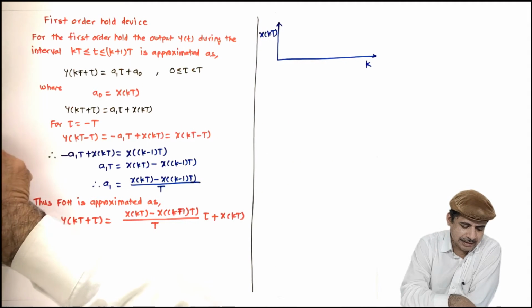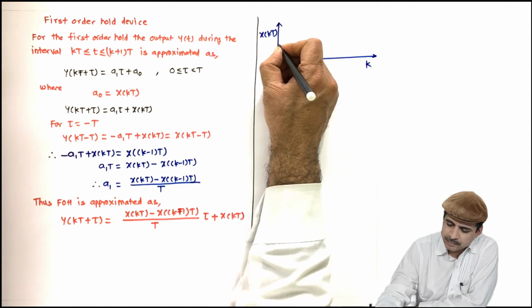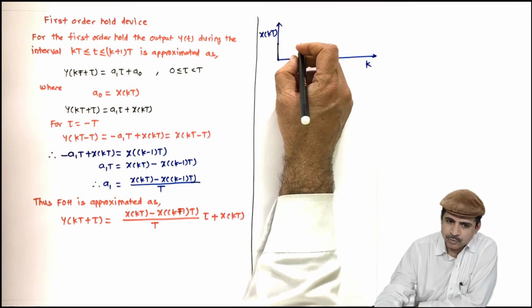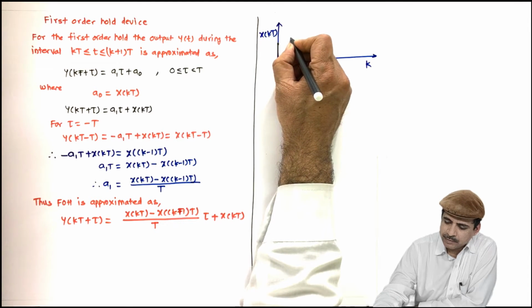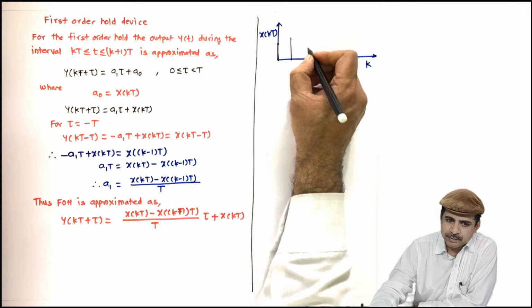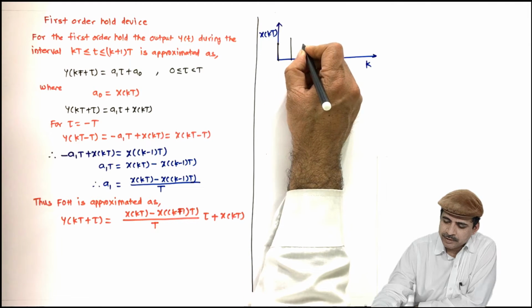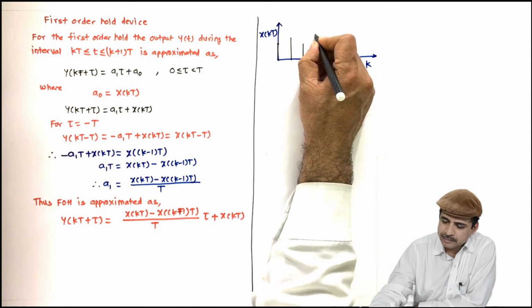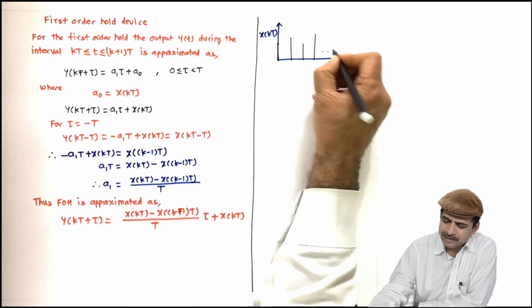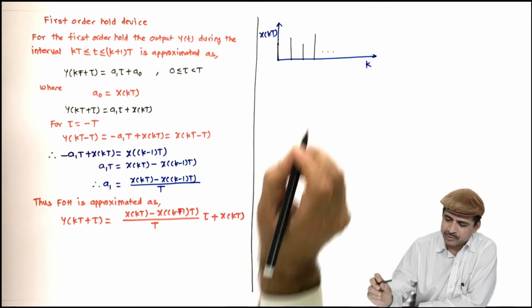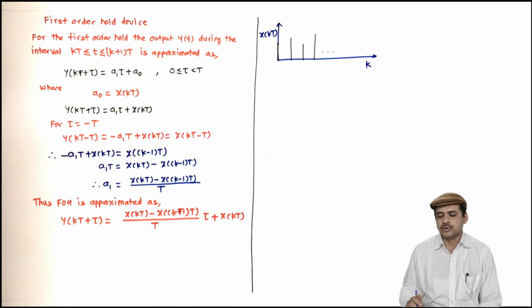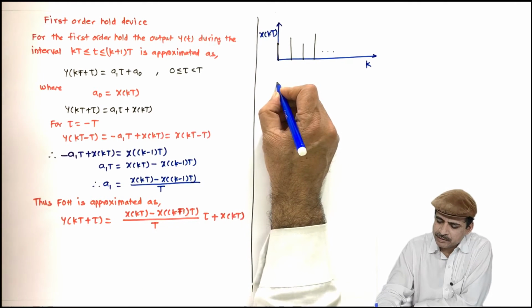Let the samples be at this value, the next sample is say here, then next let me take here, and the last one again say here, and it is continued, but we will consider only this many samples. And now this is the input to the first order hold. We will now sketch the output.